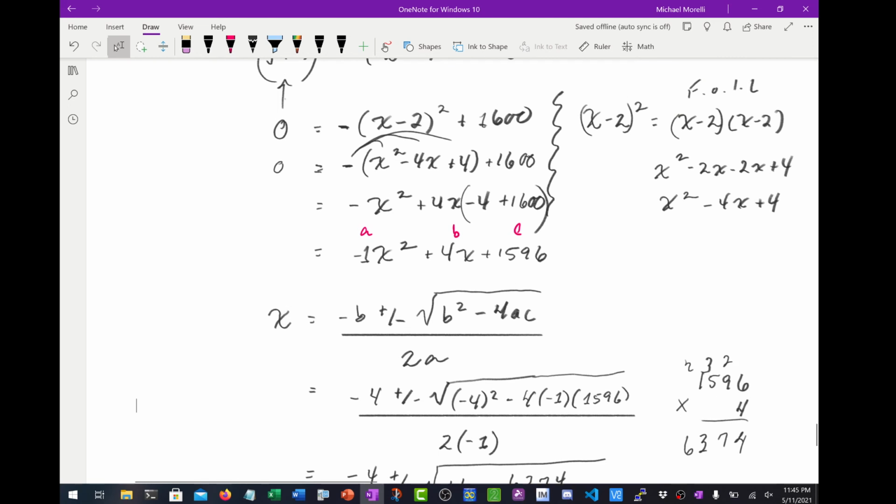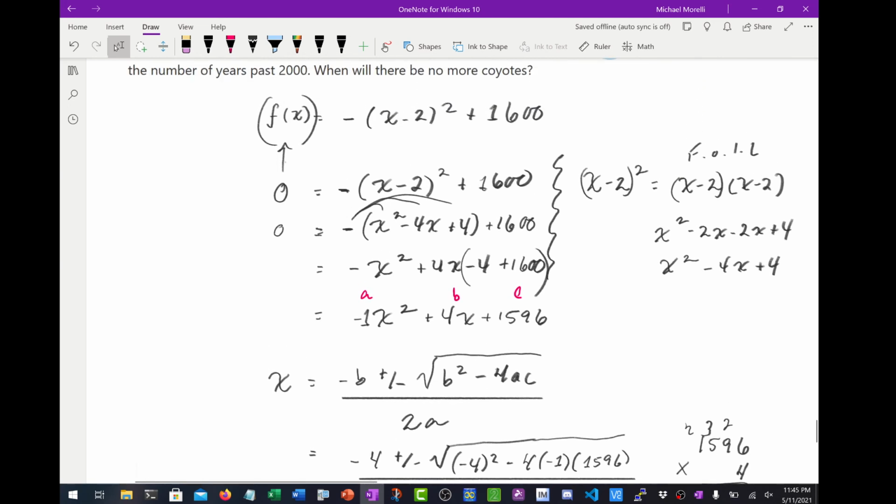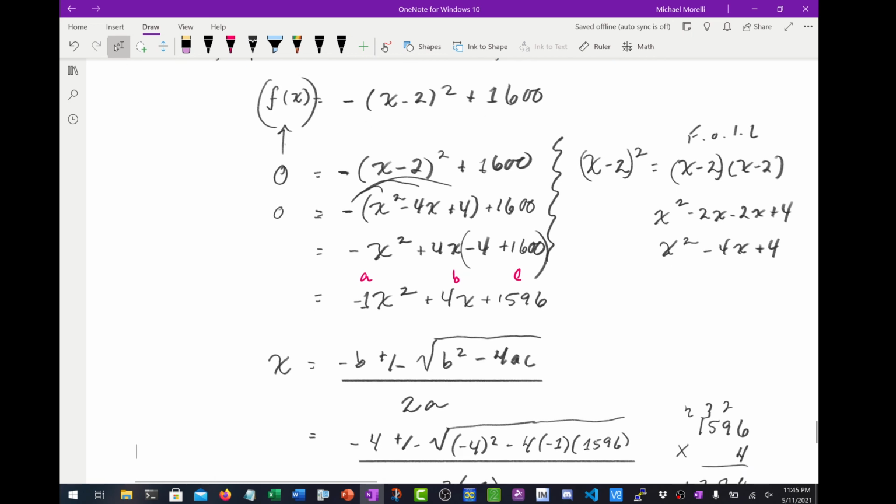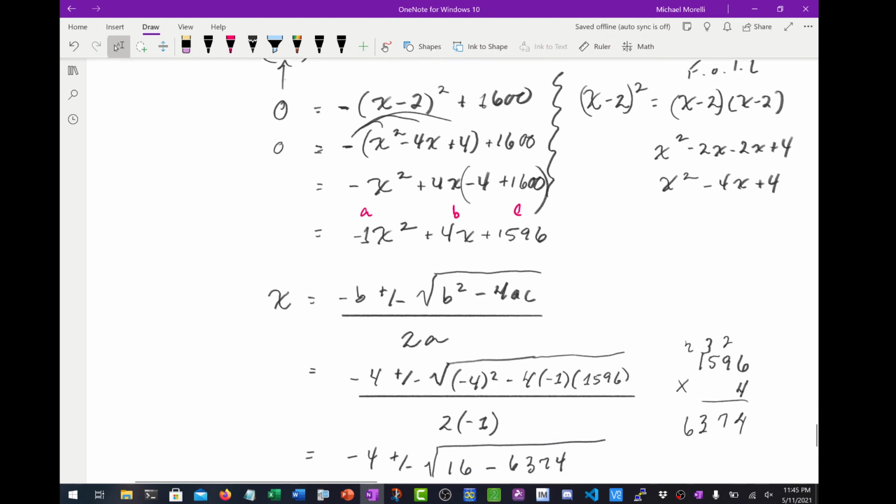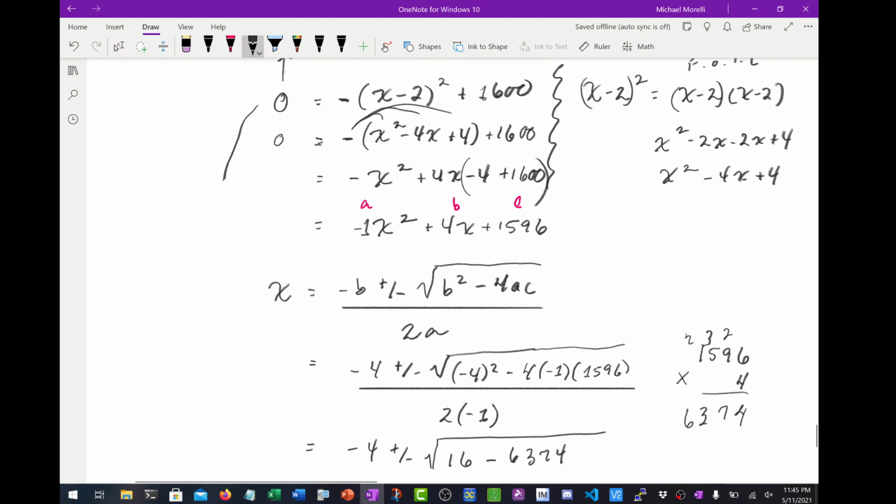Let's go back to where we figured out that this was going to be x minus 2 times x minus 2. And then I foiled it out. But let's say that I didn't foil it out. And instead, I'm just going to substitute in this factored expression back into the equation.